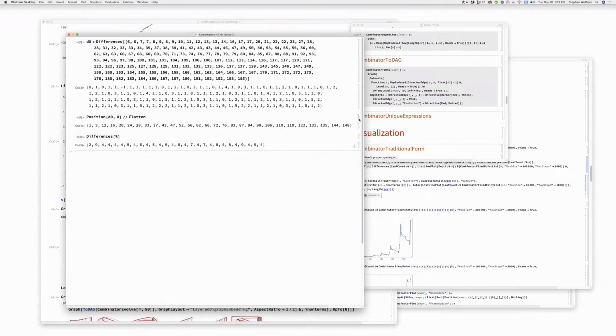Combinator unique expressions, but what we want to do, okay, so here, let's, oh gosh, how do we do this? How do we evaluate this code 02? Will the following thing work?